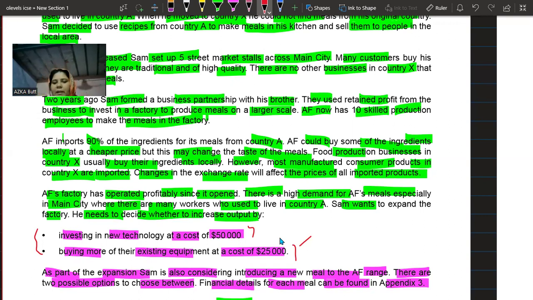But we have seen that this business is profitable, so maybe they should invest in new technology so that they can increase their output.